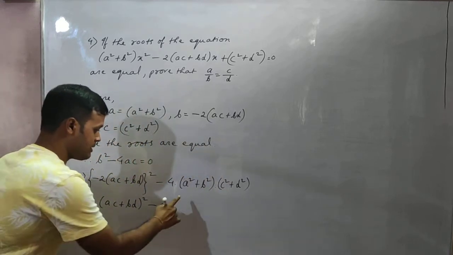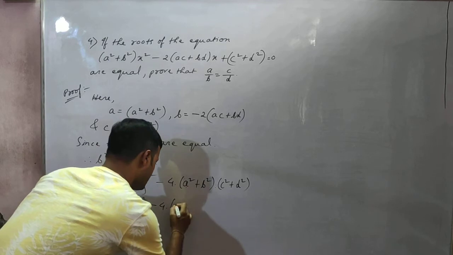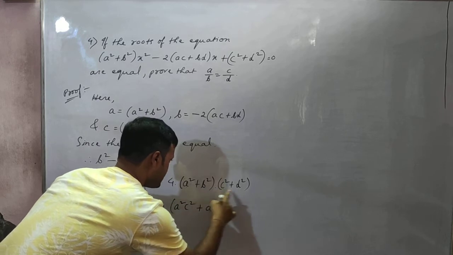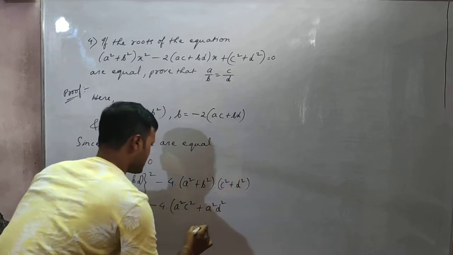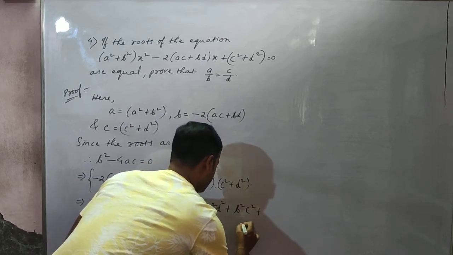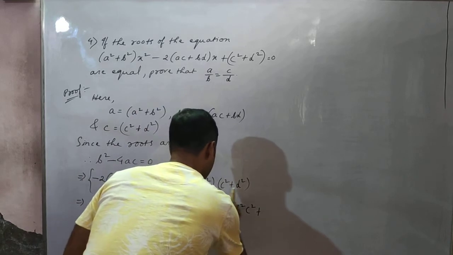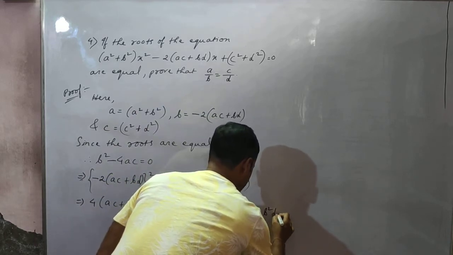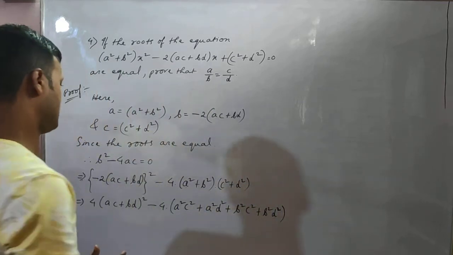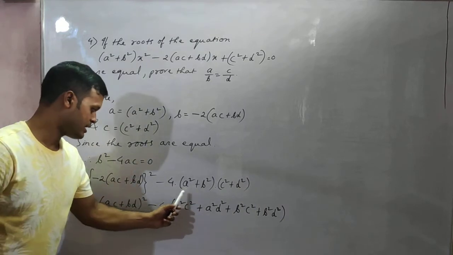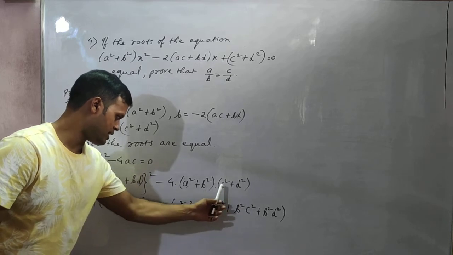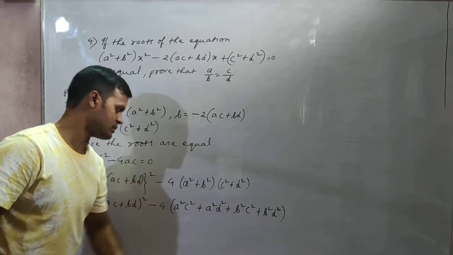See, distributive property, we will multiply by distributive property. Okay. So a square into c square, a square c square. a square into d square, a square d square, plus b square into c square, b square c square, plus b square into d square, b square d square.